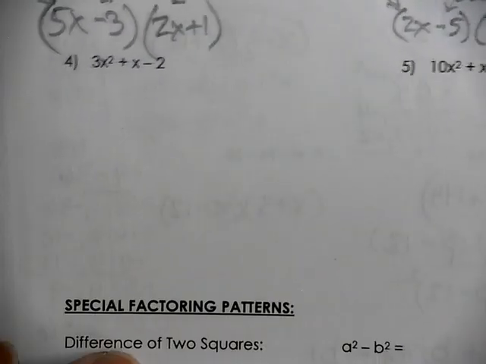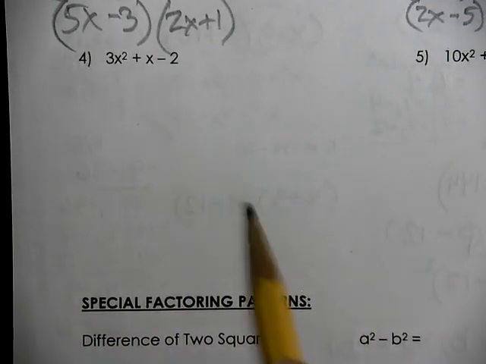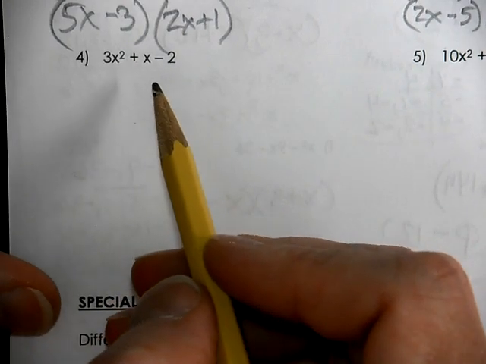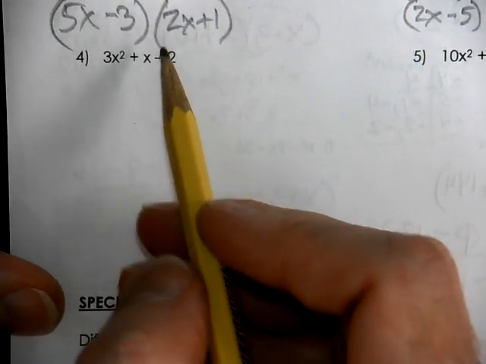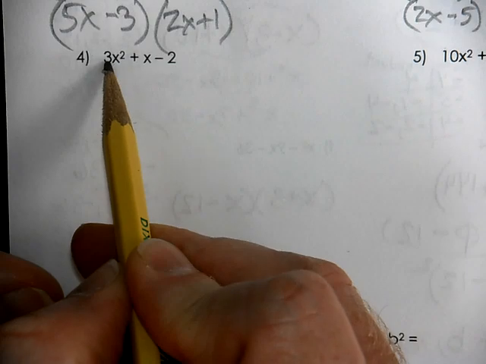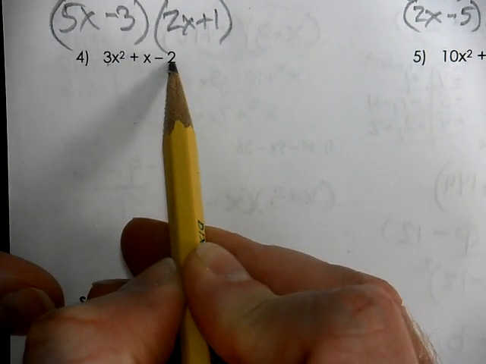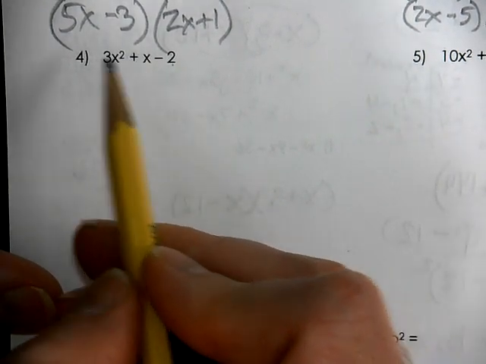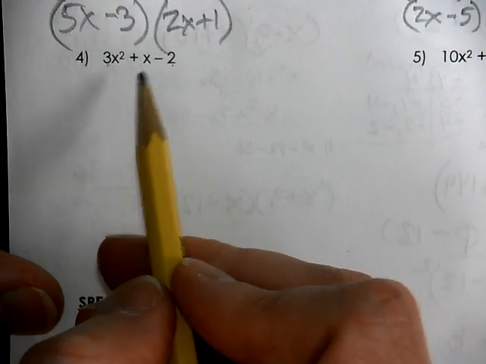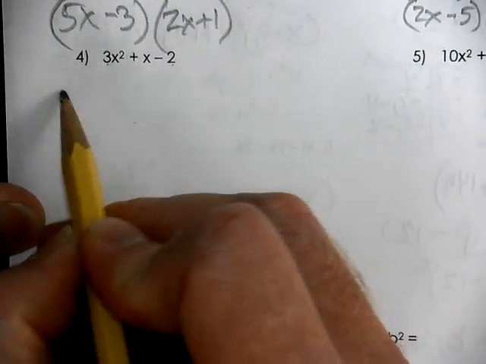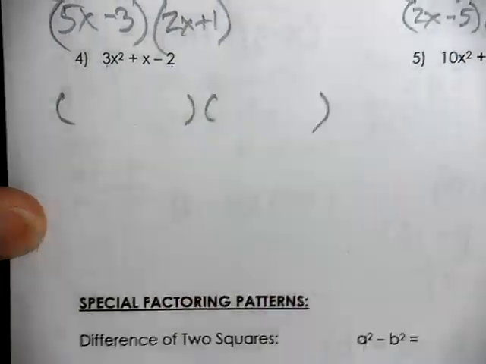All right, this one over here, I do want to discuss the guess and check option. This one's good for guess and check because both the A and the C are prime numbers. If they're both prime numbers, you have a limited number of options that might fall inside the parentheses.